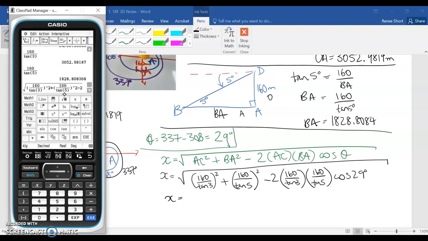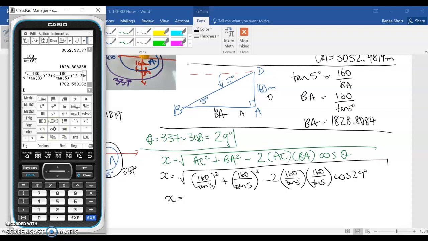Then minus 2 times the first fraction and then times the second fraction, cos of 29. And now we can solve that.